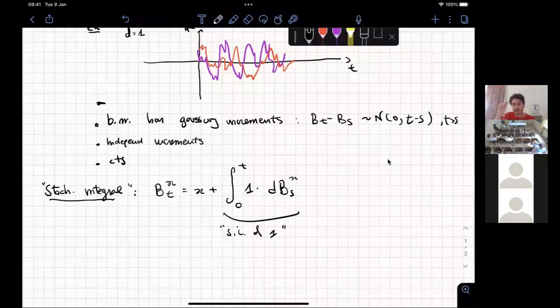But at least when we integrate 1, what we obtain is exactly what we are expecting. So the integral of 1 is B evaluated in t minus B evaluated in 0, which is actually x. And so we obtain the equality.